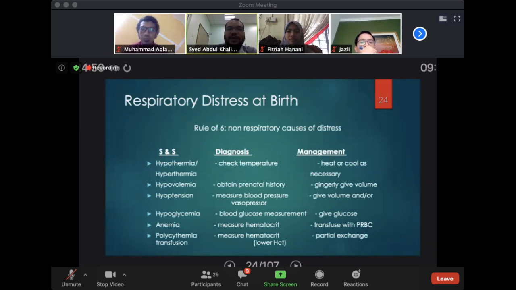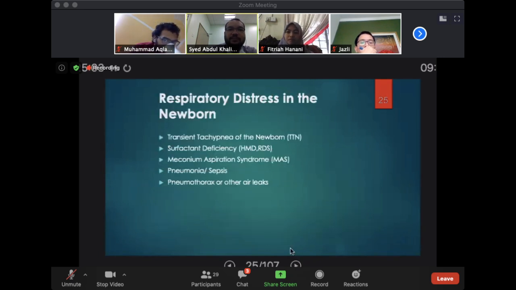Anemia as well, and polycythemia. The other problems that we can see, as mentioned before, are transient tachypnea of newborn, surfactant deficiency, which is RDS, or the other term, hyaline membrane disease, and also meconium aspiration syndrome, pneumonia, sepsis, and also pneumothorax and other sorts of air leaks.